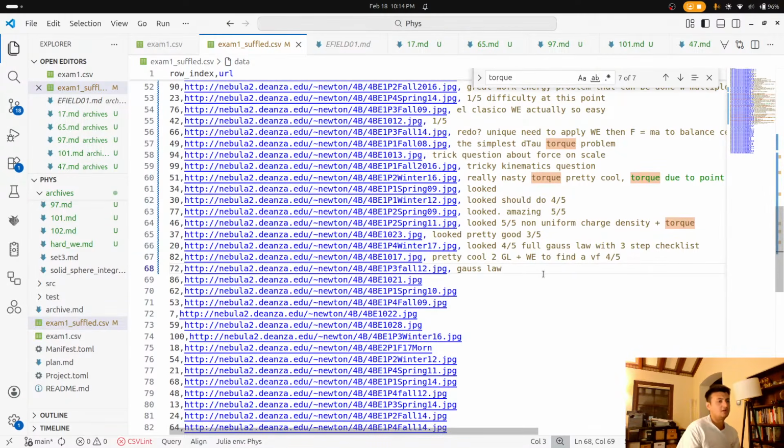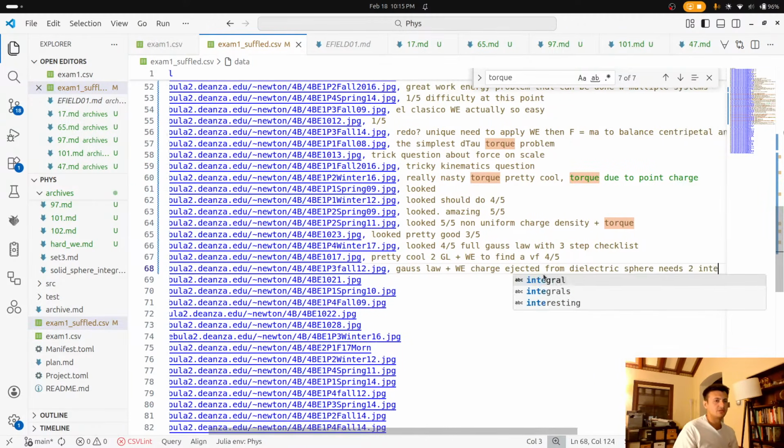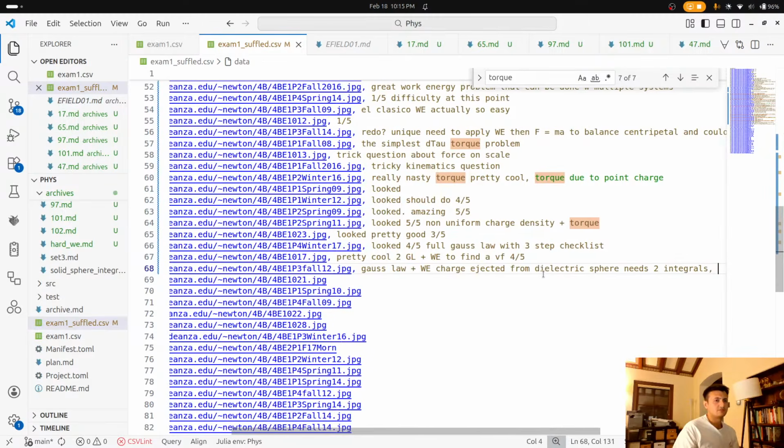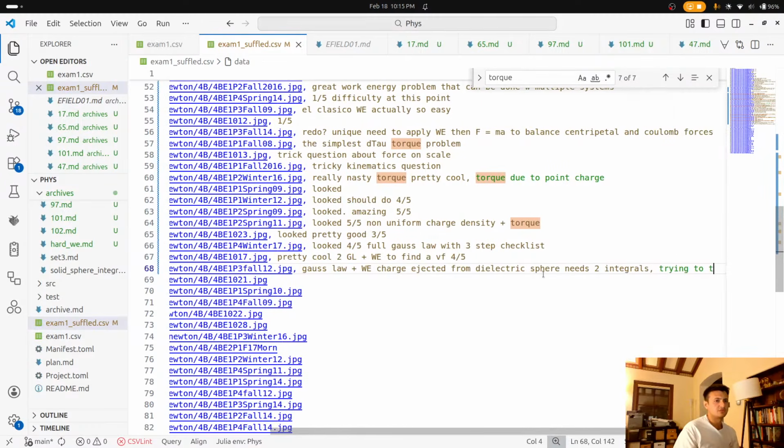Gauss's law plus work-energy, charge ejected from sphere, but dielectric. The thing about that problem is it needs 2 integrals. He's trying to trick you.